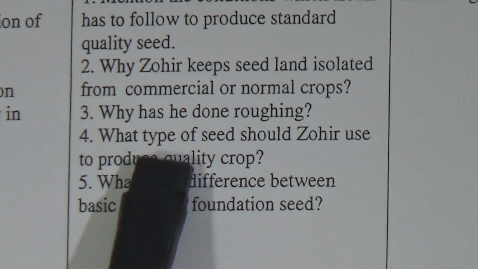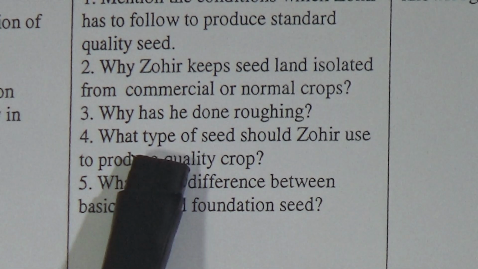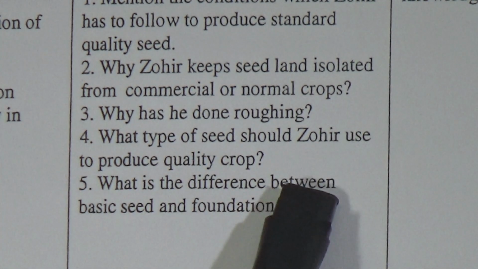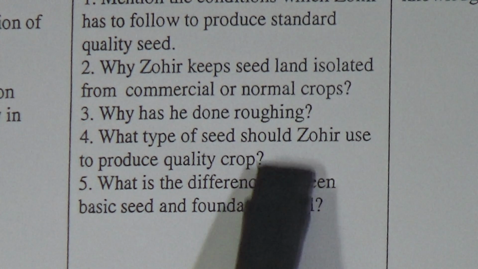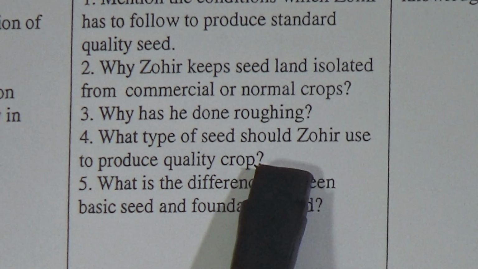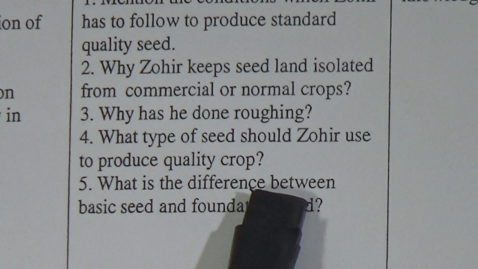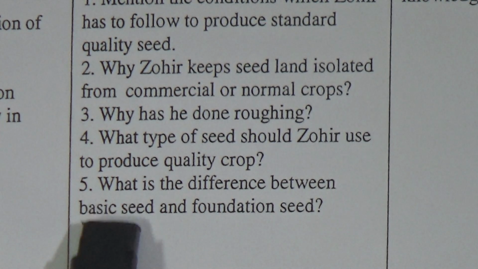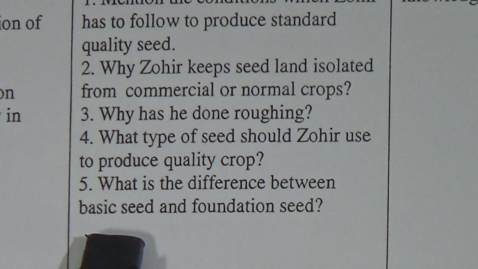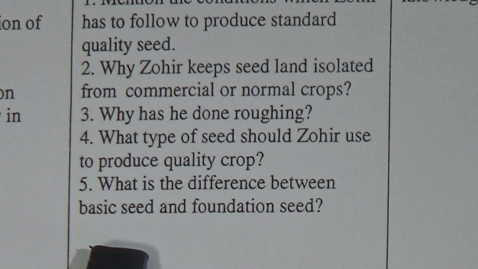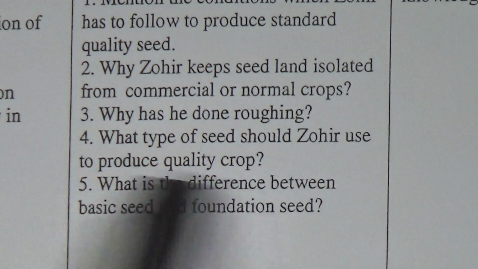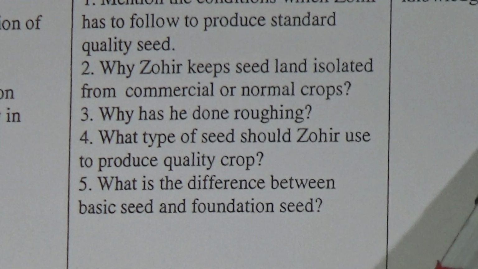If he doesn't keep the land isolated, his seed quality won't be very good. He won't get standard quality seeds, and moreover there may be mix-ups with weeds or other types of seeds, vegetables or crops. That's why he must maintain isolation from commercial or normal crops.